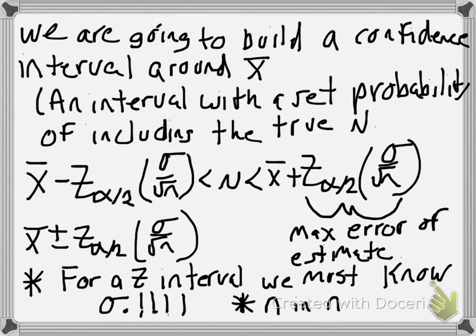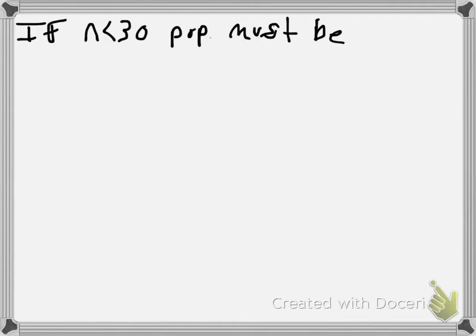If n is less than 30, the population must be normal.